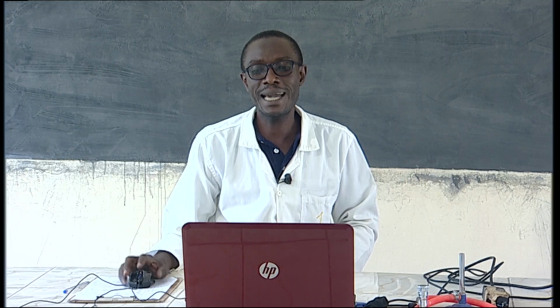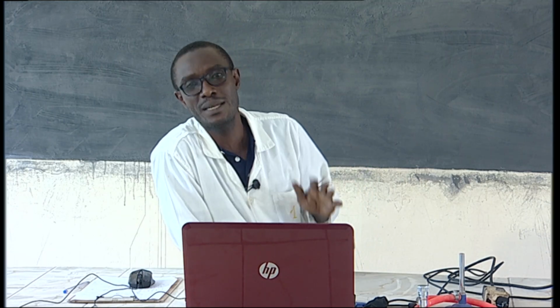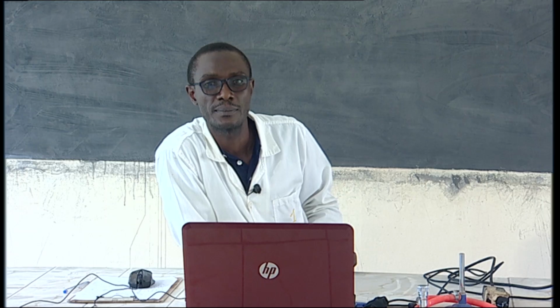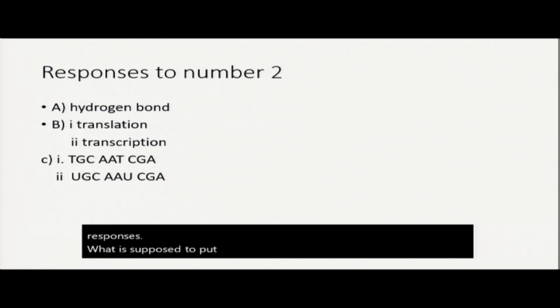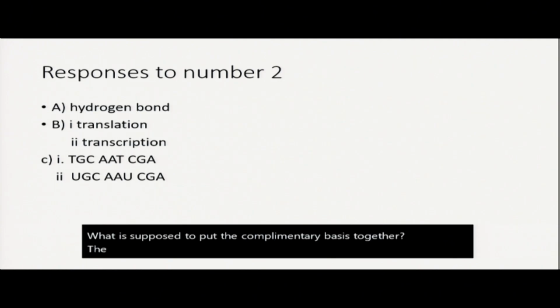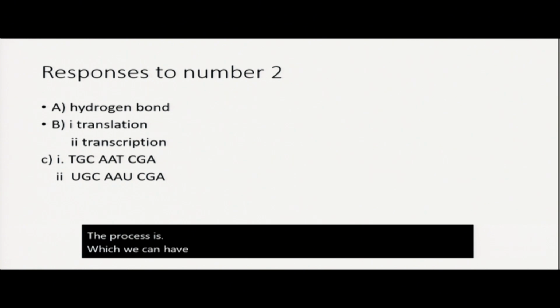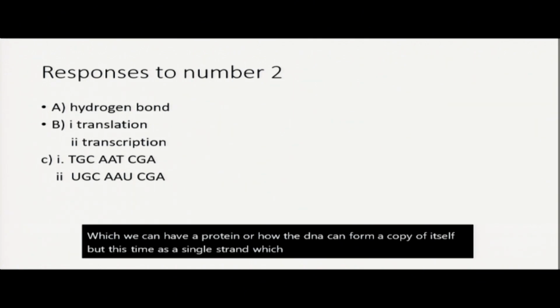So with that as a guidance, let's check what would have been the responses. What is supposed to put the complementary bases together, the processes in which we can have a protein, or how the DNA can form a copy of itself, but this time as a single strand, in which we look at it as mRNA, and so we look at that as transcription.